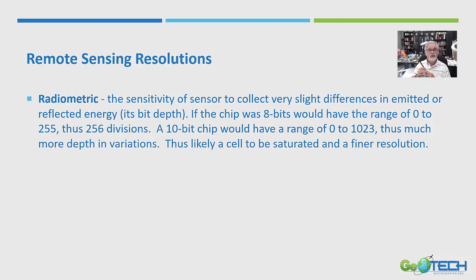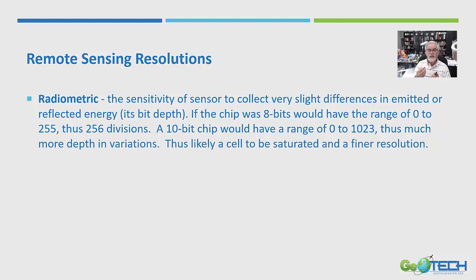Radiometric resolution is how good is the data. So if my chip, which we said think of as a grid, has a depth level of 8 bits, that means it can sense between 0 and 255. So the more photons, the larger the number.